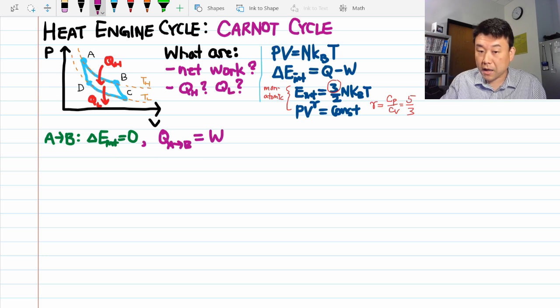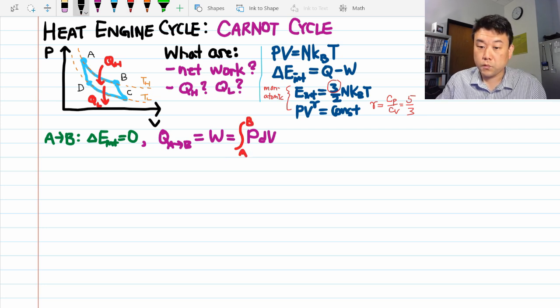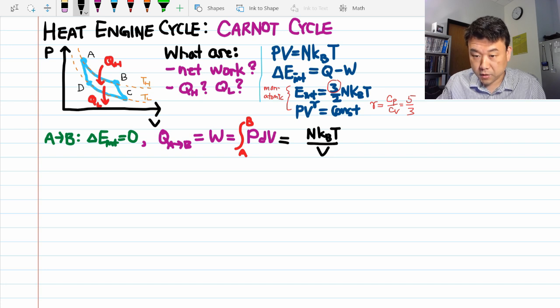And we worked this all out before, so because pressure is changing, we have to express this as the integral of the infinitesimal amount of work done, or pressure times the infinitesimal volume integrated from point A to B. We can re-express pressure in terms of volume using the ideal gas law, nKT over V. Here the temperature is constant, so let me put a subscript to remind me it's actually just a number.